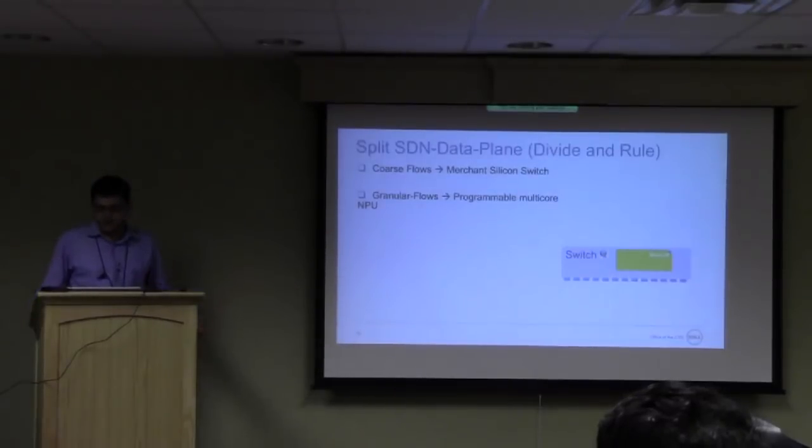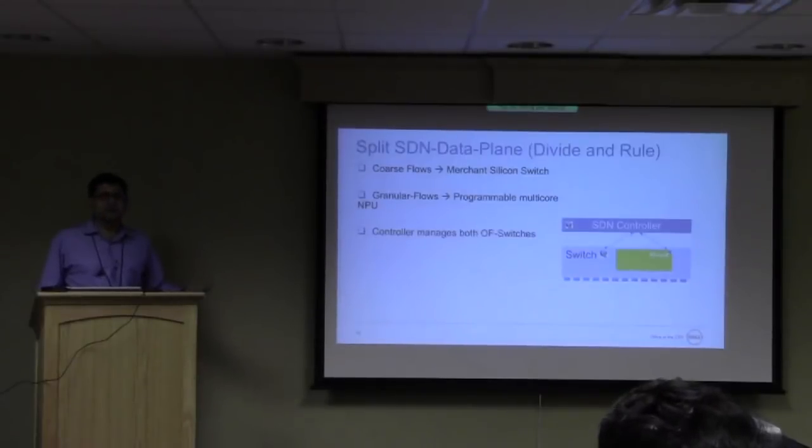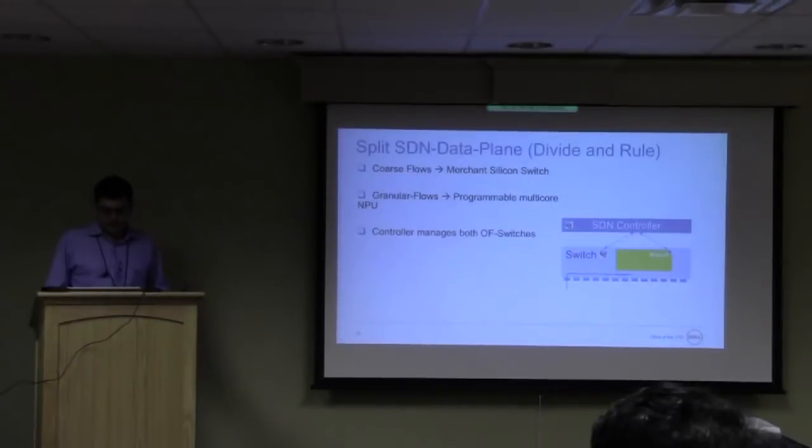So this module is a multi-core NPU from Cavium, and the SDN controller manages both the switch and the module as if they are independent entities. You do want a little bit of integration because you do not want to lose the incoming port information. Otherwise, that's what happens between one switch and another: you actually lose the incoming port information from the previous switch. So there is some HiGig integration, for example, in case of Broadcom, that we would do.